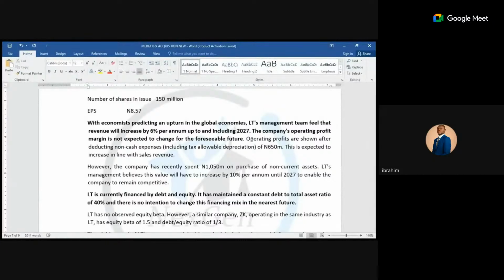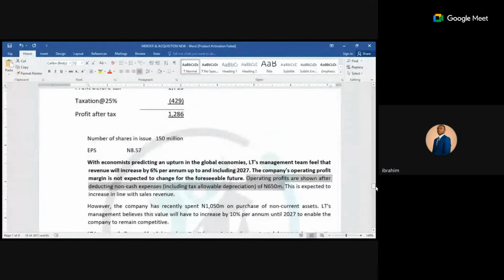Meaning that to get your operating profit, that percentage of the revenue will give you the operating profit. And this operating profit already includes non-cash expenses of 650. We'll get there. But what we want to calculate now is to determine our profit after tax. And after that, we'll add back our non-cash item. Right?